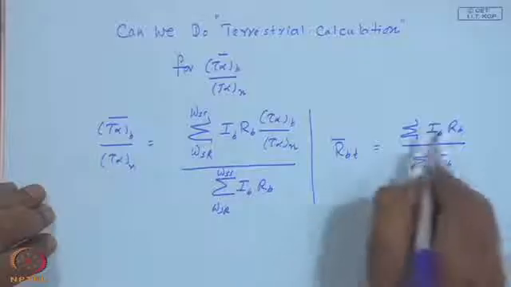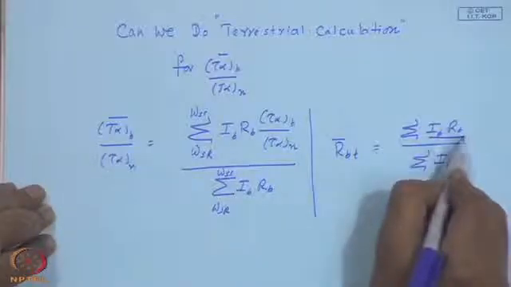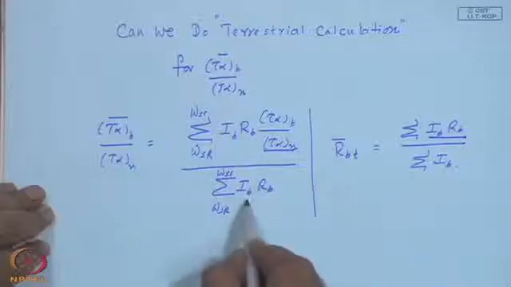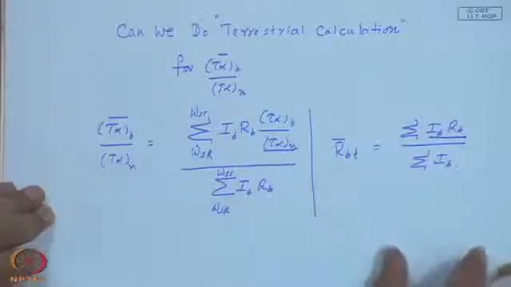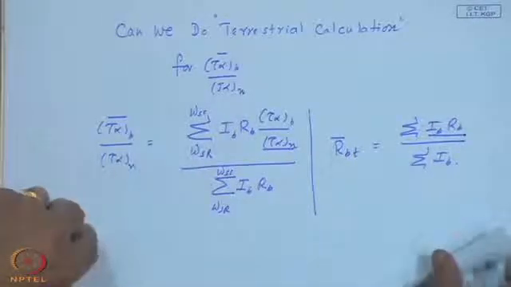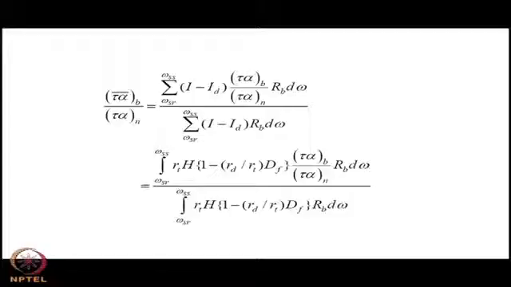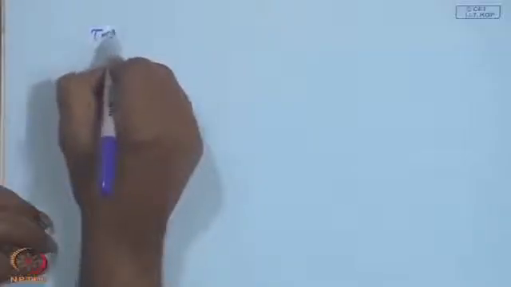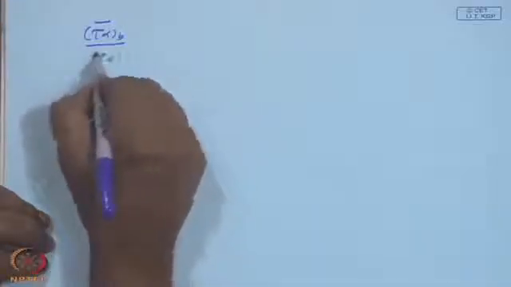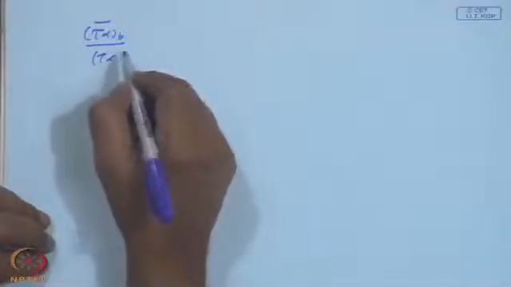So, in addition to the tilted radiation, we weighted with tau alpha b or tau alpha normal and the division will be the whole tilted radiation. So, this again we can write it in terms of global radiation and the diffuse radiation.